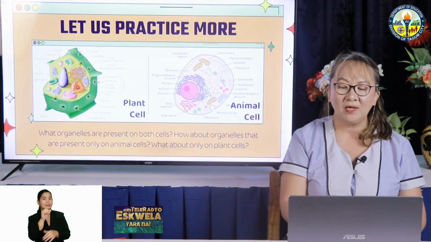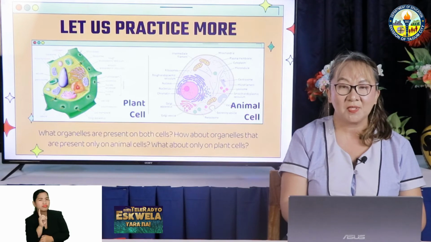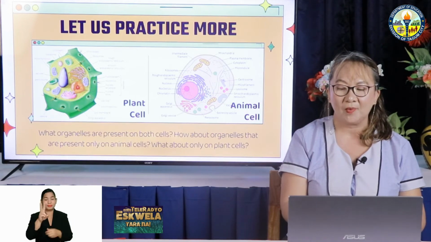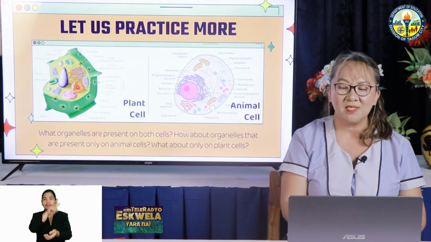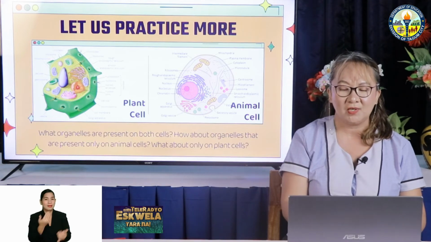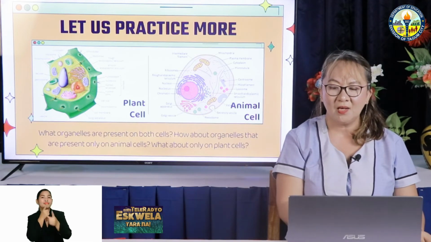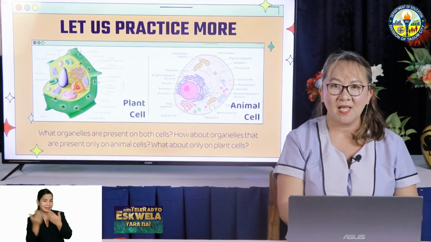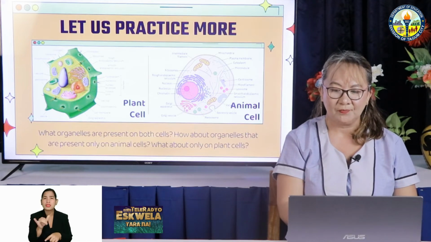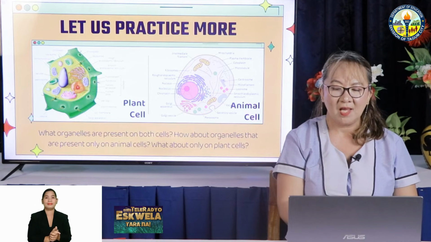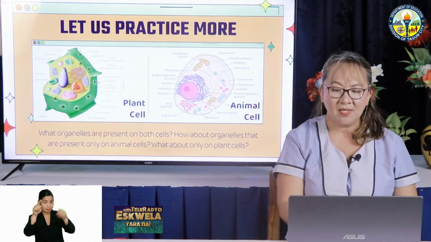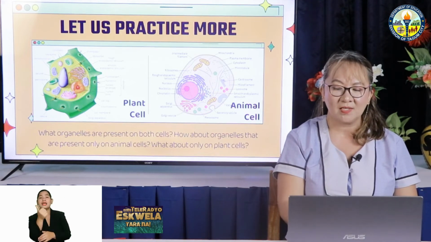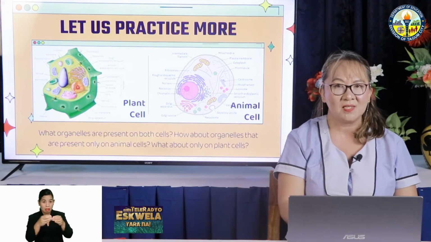Have you ever wondered what sets apart these two types of cells? Well, these images can help answer your question and help you easily know their differences and similarities. You can answer the table and questions on page 10 to see which organelles are present or absent in each cell.